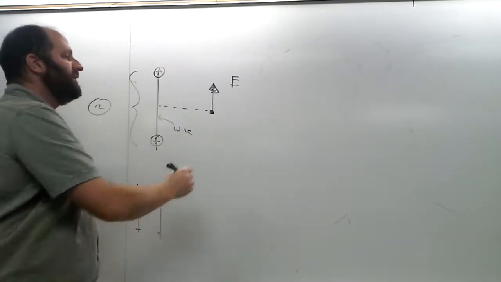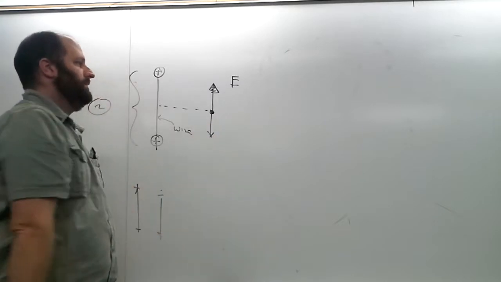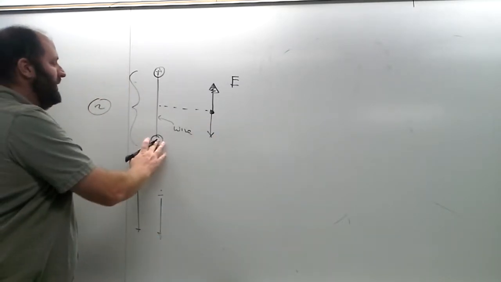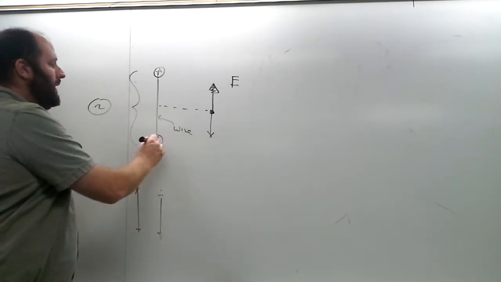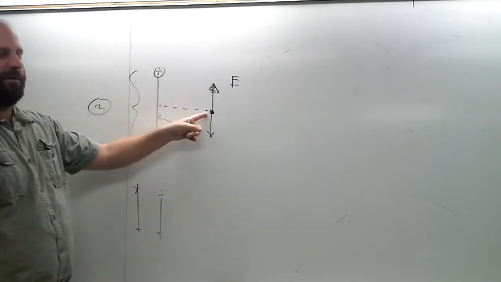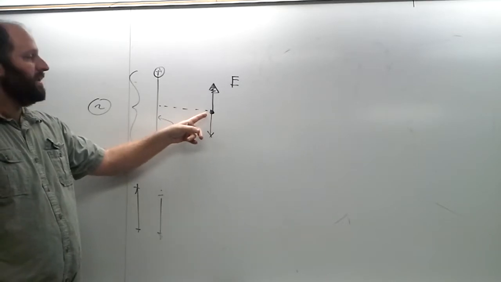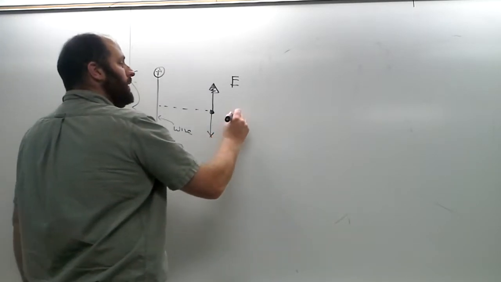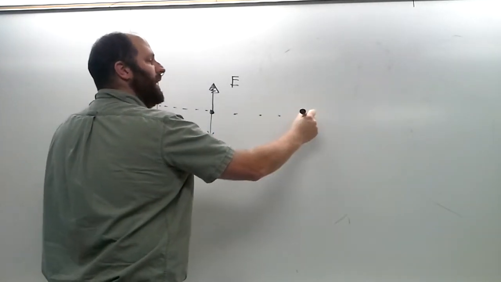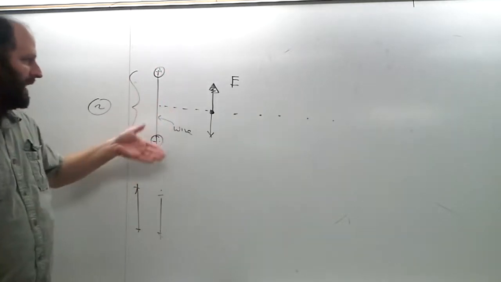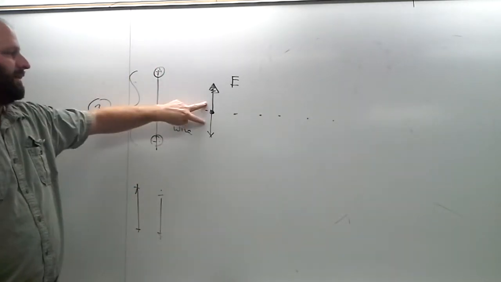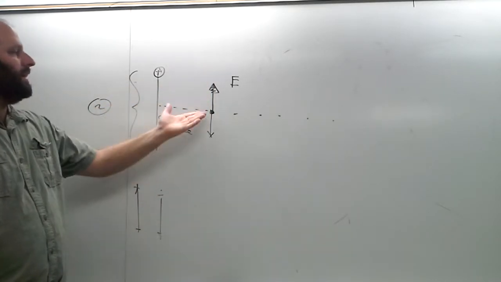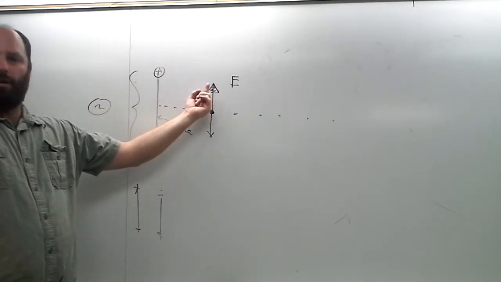So now the charge configuration flips direction and gives us a configuration that looks like this, plus minus. In this charge configuration, the electric field here points down. So you notice that the electric field is going to reverse direction. And this is true at all points in space along this axis. This oscillating charge configuration is going to make this electric field go up, down, up, down, up, down. So what we're going to get is an electric field that's changing.